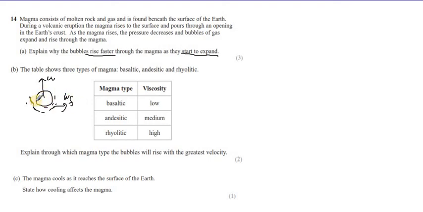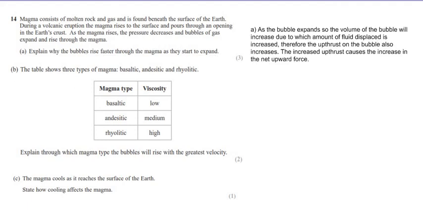Expansion means increasing the volume, so more magma is displaced, which means more weight of fluid, so upthrust is increased. That gives more resultant force in the upward direction, so the speed is increased. That's how you can write all these points.